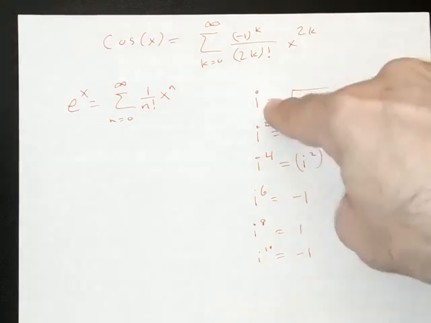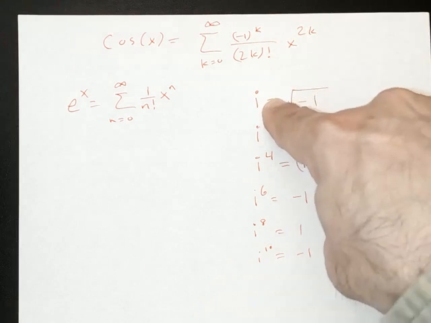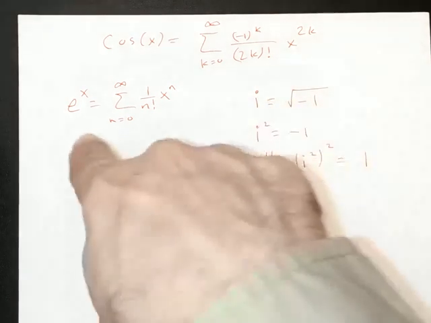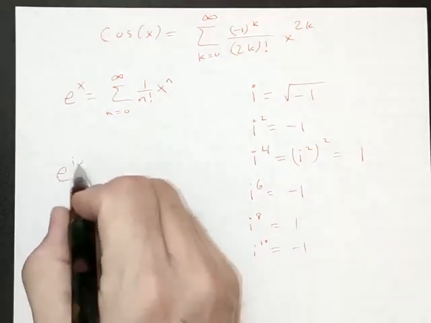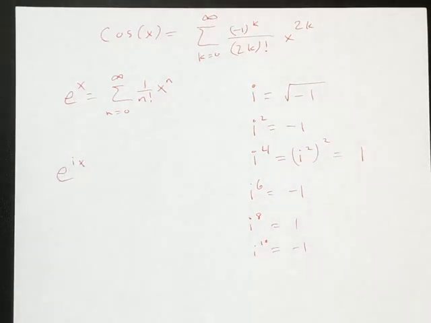If I take this number and put it in here, I can use the power series for that, right? Now that's going to be a major amount of algebra, and I'm not going to do it right at the moment. But every time I have an i to a second power, I'm going to get a plus or a minus 1, aren't I?